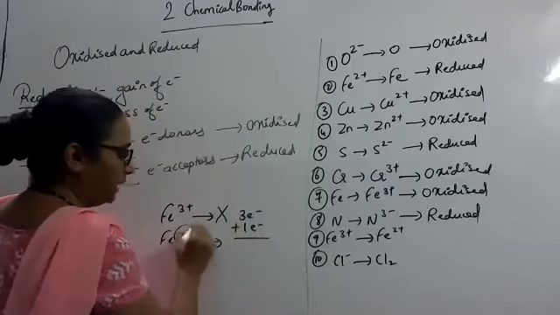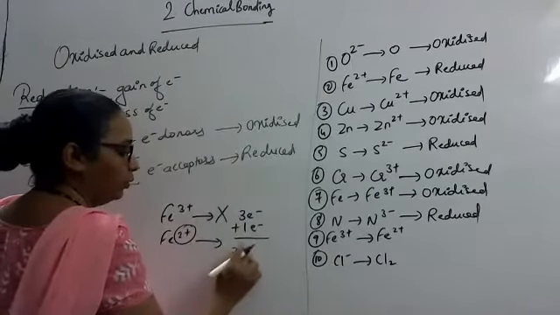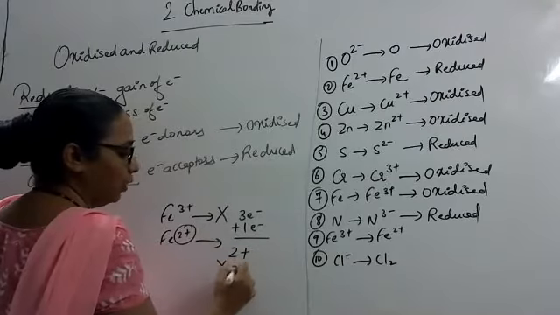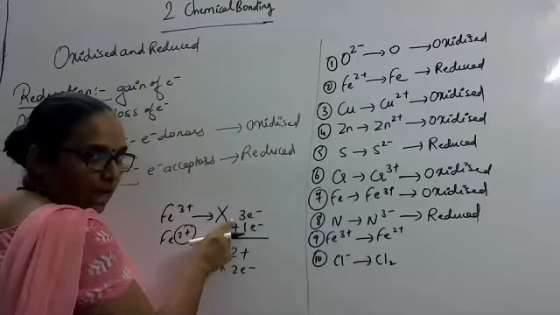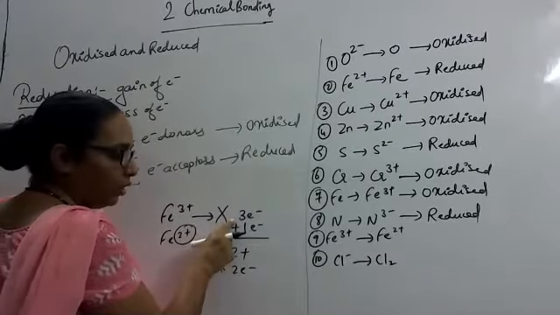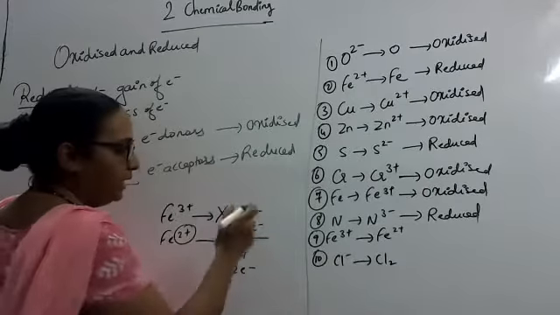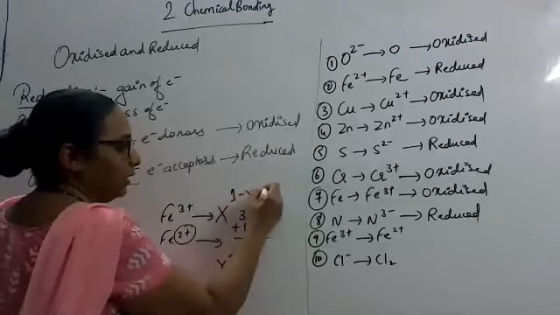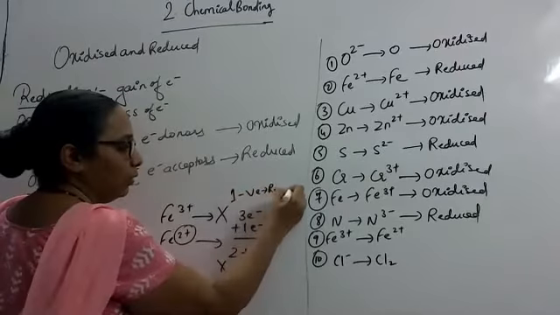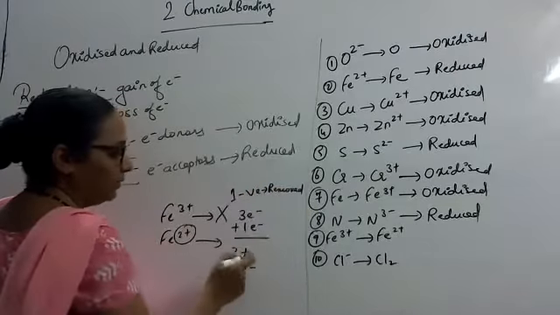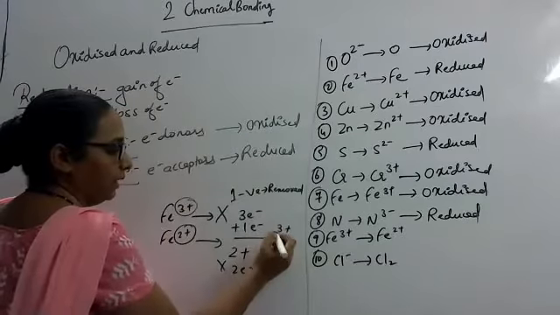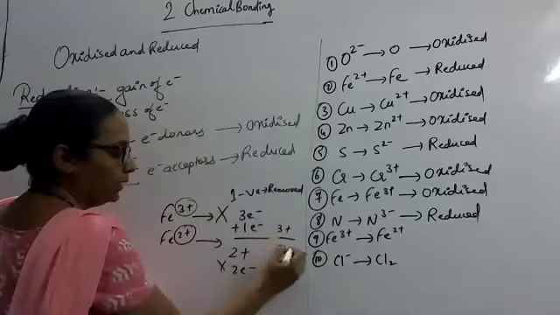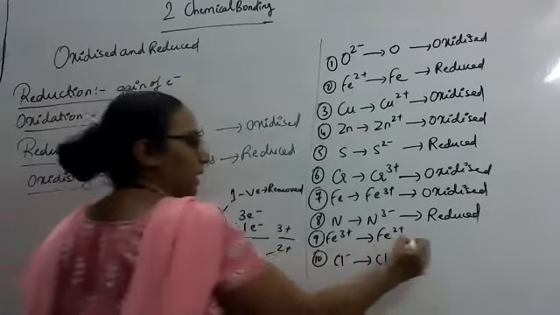So how many charges are remaining now? 2 positive charges. Means it does not have 2 electrons. एक इलेक्ट्रॉन एक्सेप्ट किया मतलब 1 negative charge is added. So अभी 3 positive में से एक पॉजिटिव चार्ज रिमूव हो गया, so what is remaining? 2 positive.